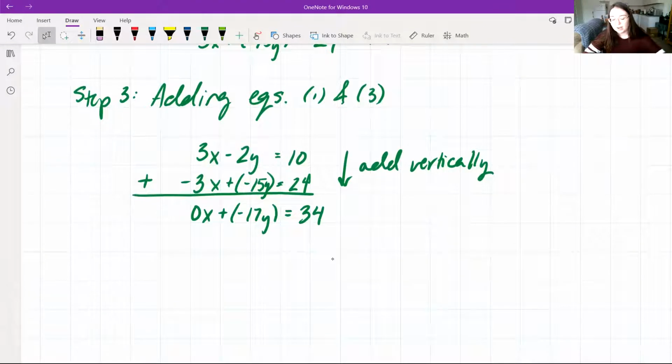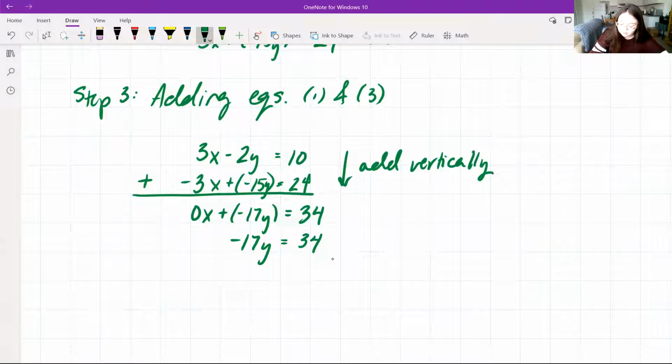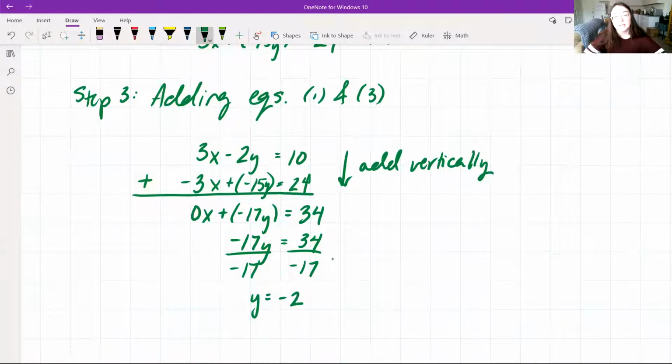So now we have 0x, which is just 0, plus negative 17y. So we have negative 17y is equal to 34, and we can divide each side by negative 17. And this is going to give us that y is equal to negative 2.